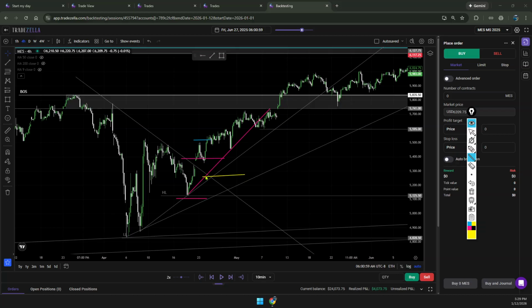You're basically staying under the trend line, under that pullback. You've now literally cut your risk here in half. So if you were risking 200, you're now risking 100.